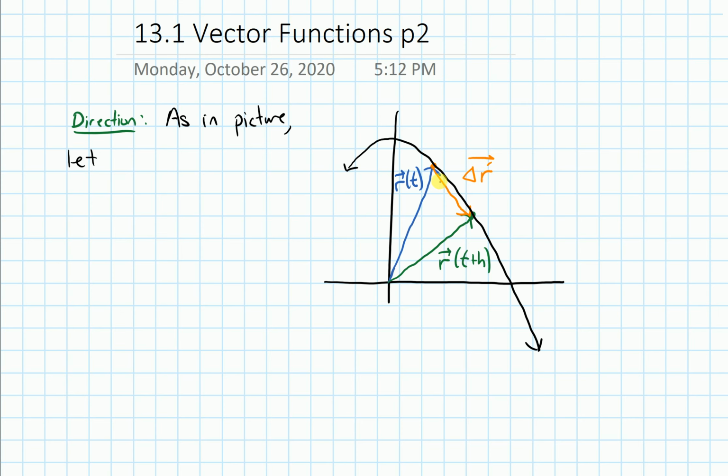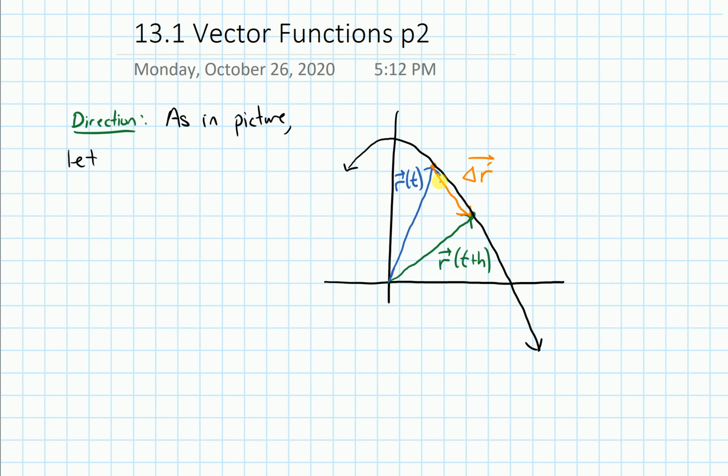In this picture, I'm letting this vector delta r be such that, whoops, sorry, one mistake there.